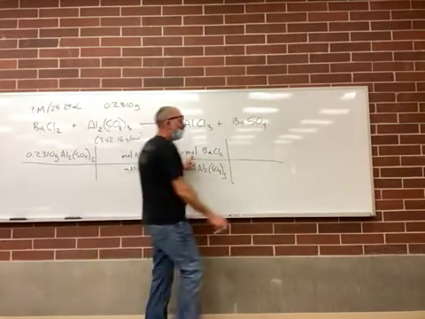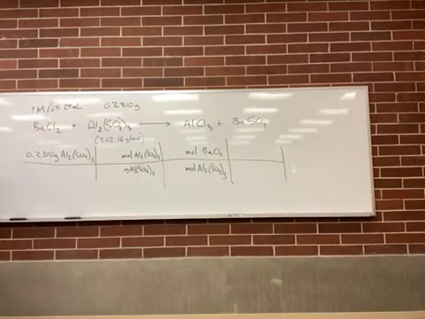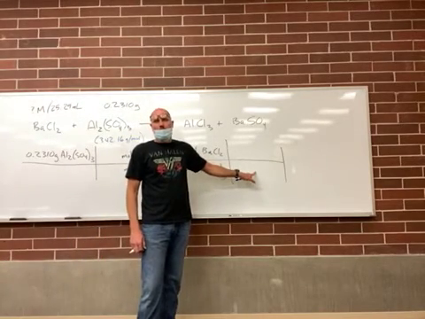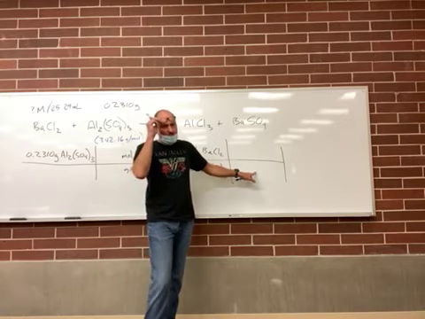Now I've got moles of barium chloride, right? What is molarity? Moles per liter. So somehow I need to have liter down here, right? So how do you think I'm going to do that?